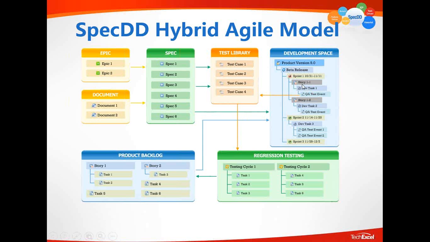But in order to finish a story or implement the commitment of a requirement spec, you're going to create multiple development tasks to implement them. So how about the test cases? Well, those test cases are created to recognize the fact when you have a requirement, you should dynamically create test cases.